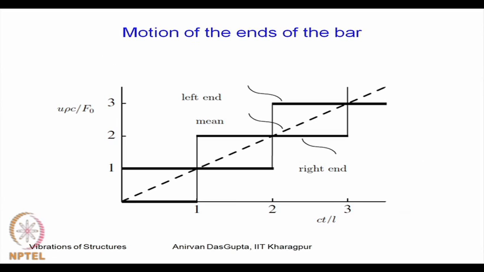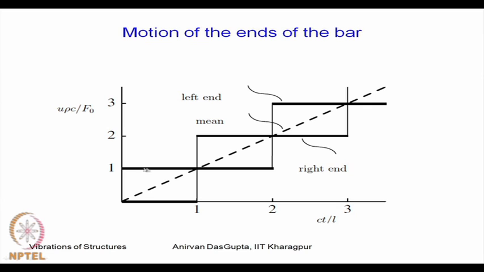To see this, here I have plotted the motion of the ends of the bar. This is the left end of the bar. As soon as the impulse is given, the left end of the bar gets a velocity, and the displacement follows.